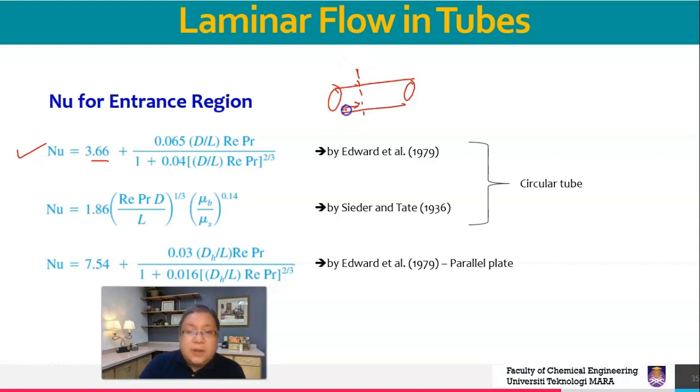So at this region, okay. Beyond that is fully developed, fully developed. So we are talking about the entrance region. So this is how you want to know the entrance region? So you have to determine the value of Lh or Lt. Okay, Lt or Lh. Okay, I will show you after this via example.